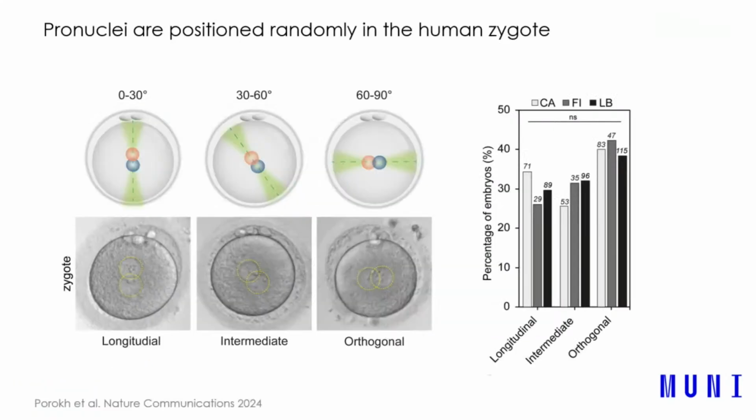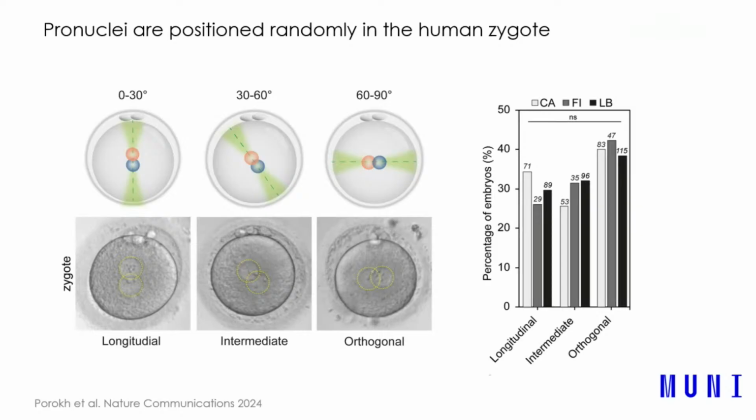The first parameter that we wanted to look at is the position of the pronuclei in the zygote, because it was shown in other animals, particularly in mice, that, for example, the site of the previous meiotic division hints how the pronuclei will be oriented. So we scored the position of the PNs in zygotes, and we saw that the position was completely random.